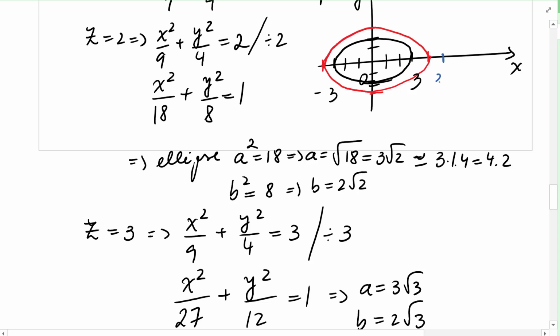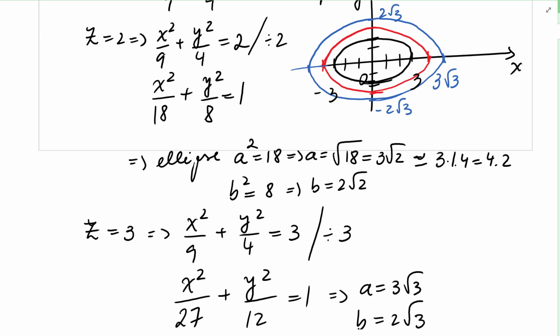So this would be 3 square root of 3, this would be negative, and then 2 square root of 3, negative 2 square root of 3. So this would be another level curve.